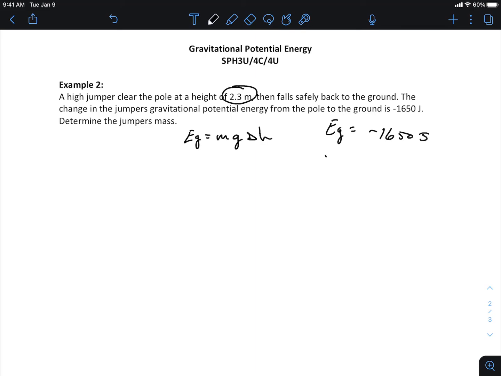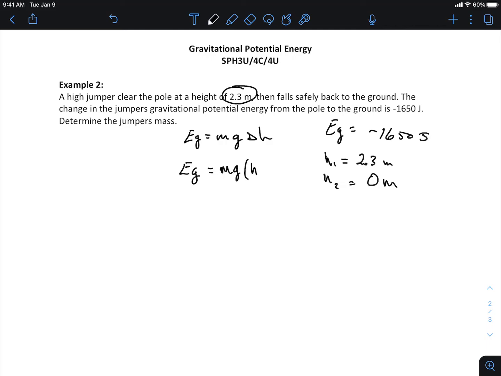So h1 is going to be the 2.3 meters above the ground, and h2 is going to be 0. We'll call that 0. So delta h, you guys know, is h2 minus h1. Eg is equal to mg, and what is delta h?